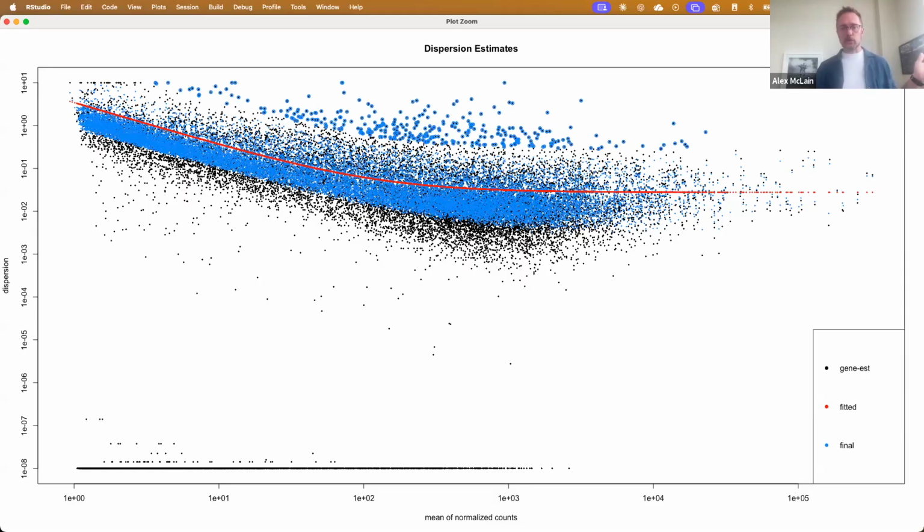We don't want to find significance in one of these genes just because we got a wacky dispersion parameter estimate. So that's why we're putting it way up, and we're saying, okay, let's let the means of the treated and untreated drive the p-values more so than the dispersion parameter estimates we're getting for each gene.